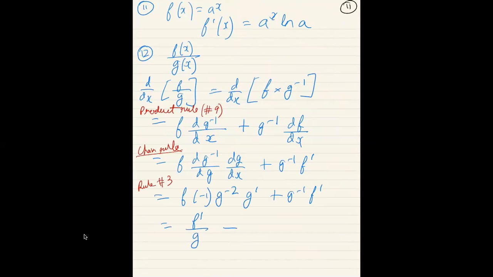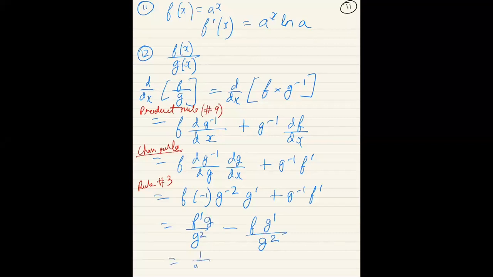And now we can write down that this is f prime divided by g minus f g prime by g square. Here we can multiply a g on the top and make this g squared.